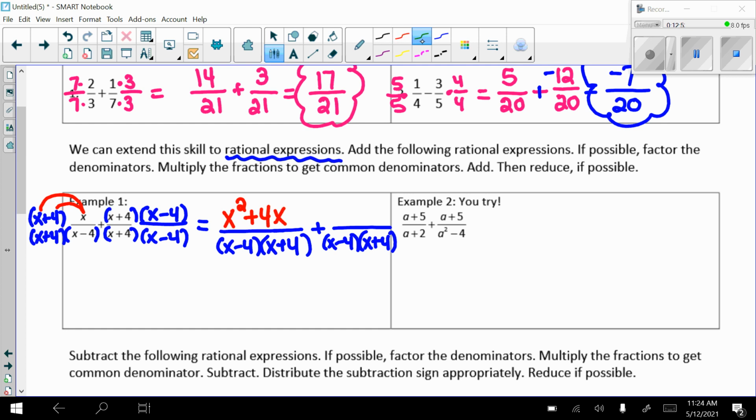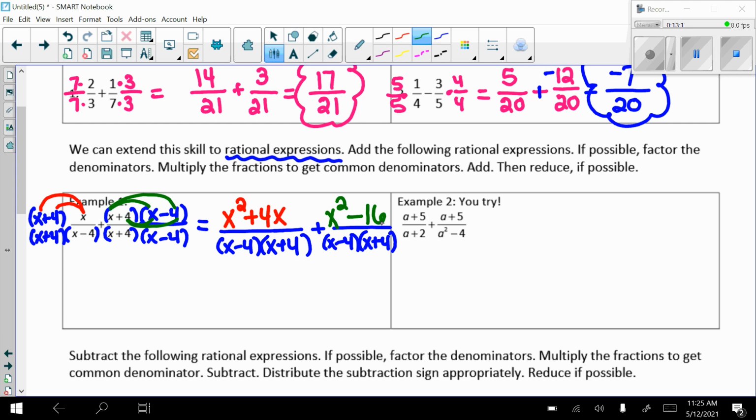The second fraction we're going to FOIL, right? Now, if you notice, x plus 4 times x minus 4, so we get x squared minus 4x plus 4x. That actually cancels out. And then 4 times negative 4 is negative 16.